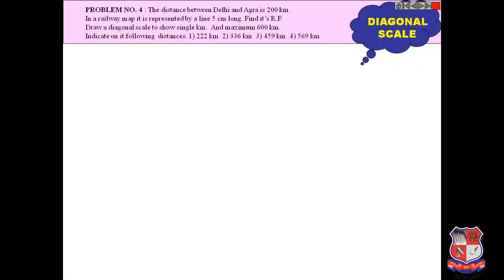Okay, so first of all, again we have to find RF. 5 centimeter divided by 200 kilometer. So again now you can easily find out RF. After that you have to find out the length of scale. Length of scale means RF into maximum distance.